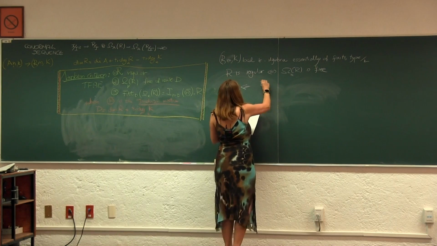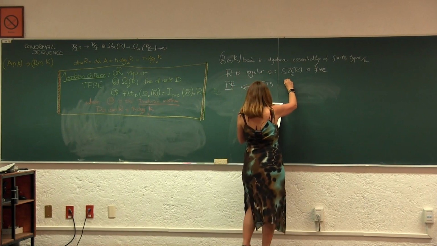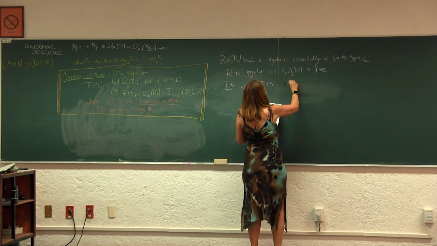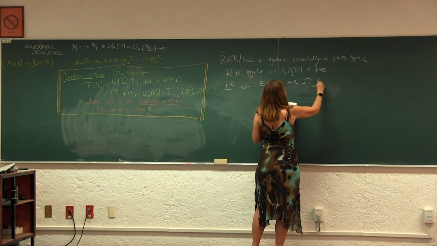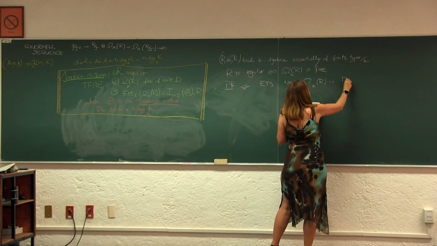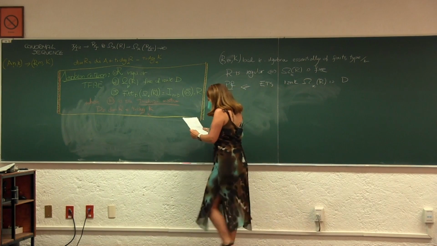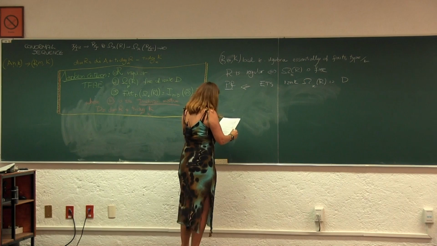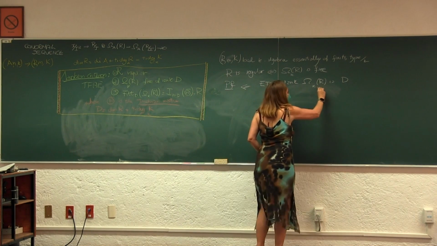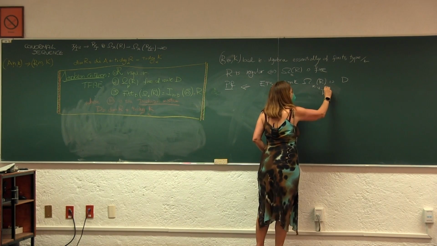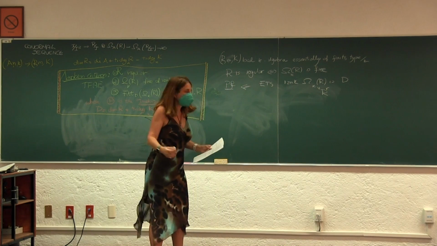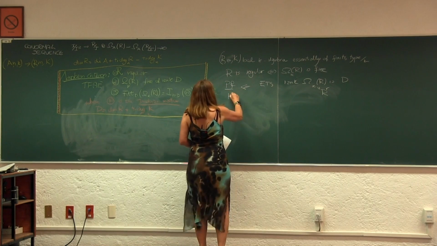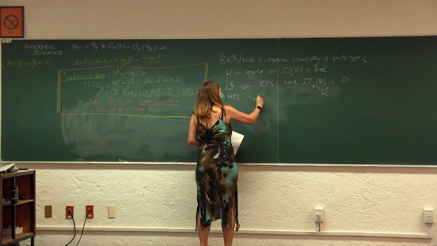So it's enough to show that the rank is d. Remember, this is R to the r, for certain r. You have to show that little r is d.